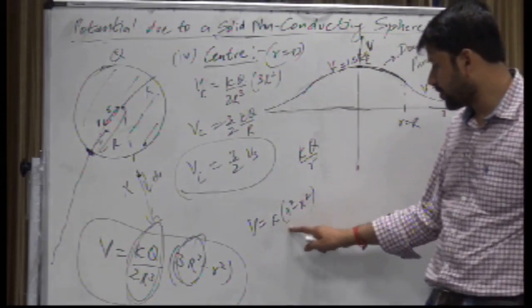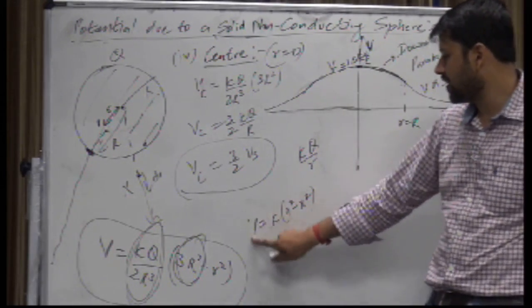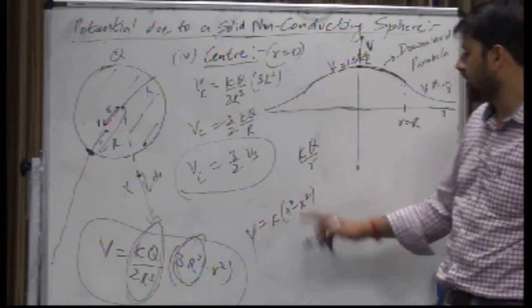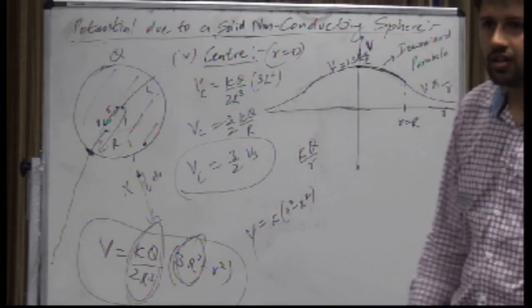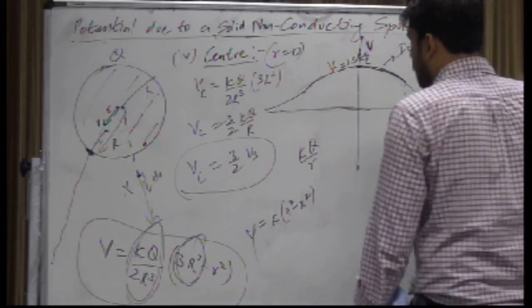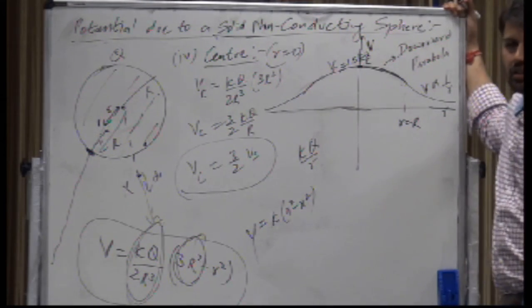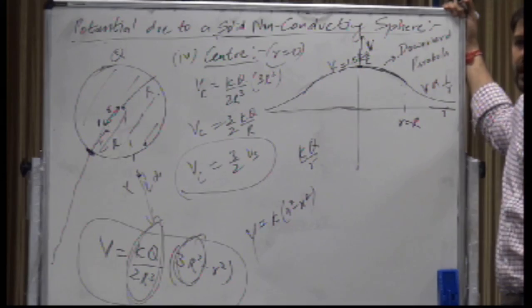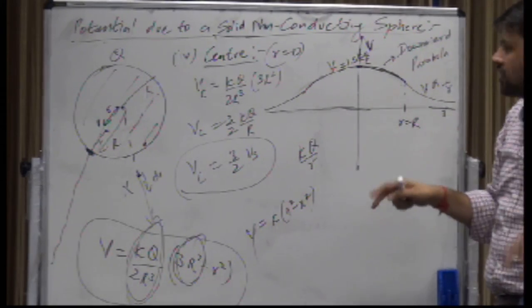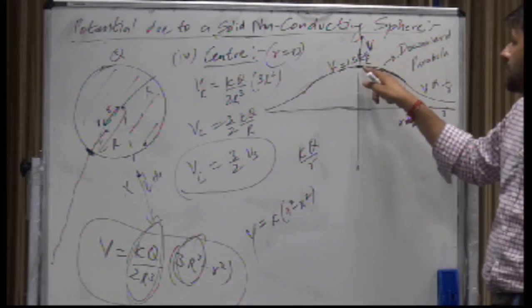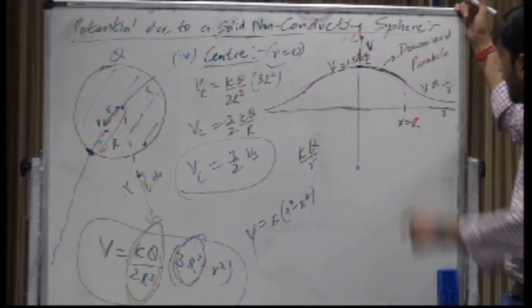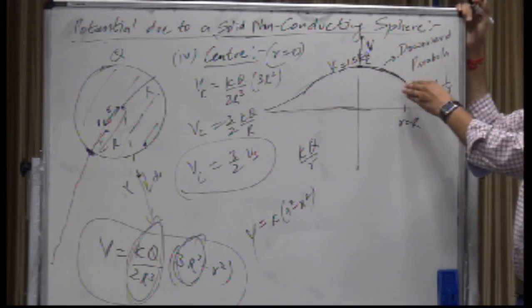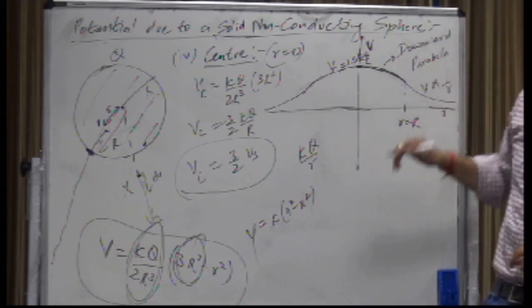So it is of the form y is equal to k(a square minus x square). It is a quadratic equation, okay, with negative coefficient of x square. And whenever coefficient of x square is negative, it's a downward opening parabola. So it would be a downward opening parabola from this point on both sides, but till this point only. From surface onwards, it will take a different formula.